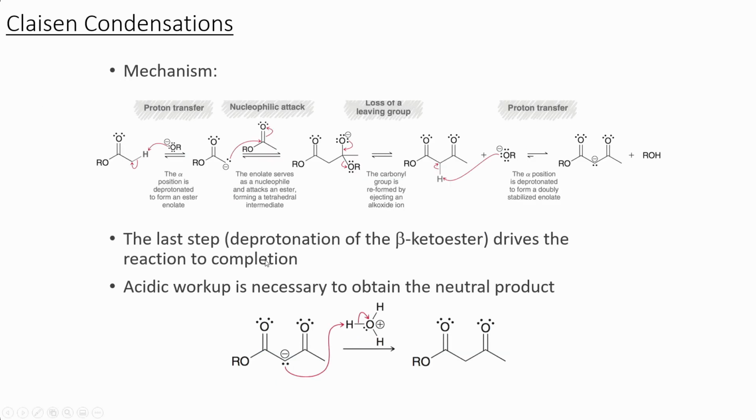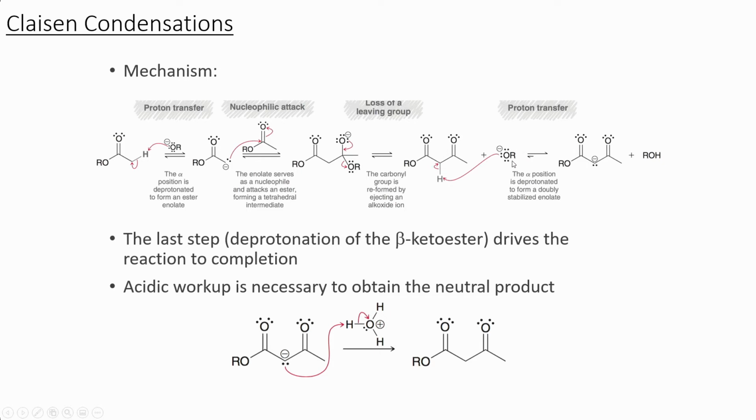And we can look at the mechanism of the reaction. We begin by initiating a proton transfer, which forms our enolate. The enolate can then undergo nucleophilic attack on the carbonyl of the ester, creating the scaffold of the product. The O- will then collapse down and eject the OR group of the initial ester. So this will then form a 1,3-dicarbonyl compound.